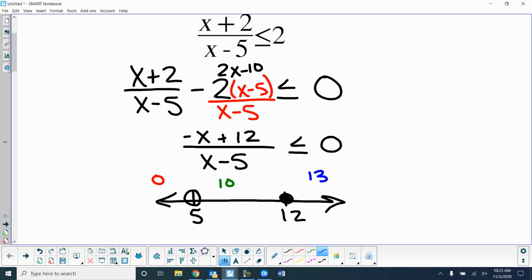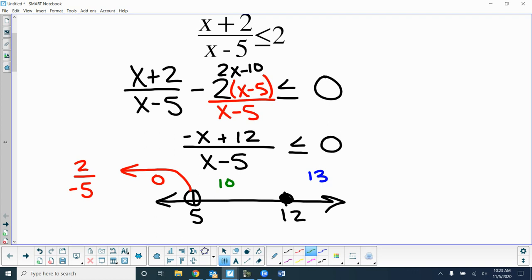Okay? So doing the left side of 5, using 0, 0 plus 2 is 2. And 0 minus 5 is negative 5. Is negative 2/5 less than or equal to 2? Yeah. So I would draw an arrow to the left because it worked.